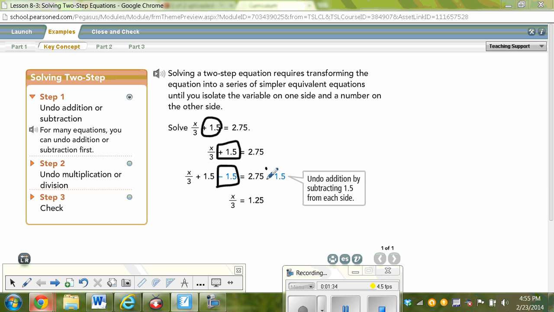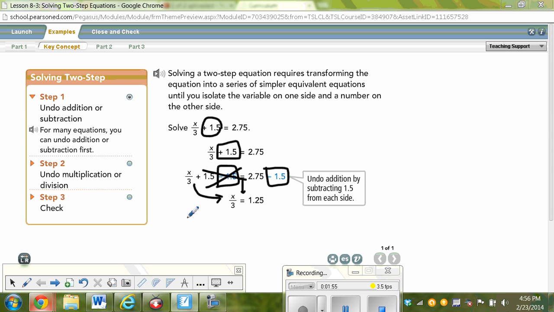If I do it to one side, I have to do it to the other side. So then these become 0, and this becomes 1.25, and I just carry this down. The equal signs technically just come straight down as well.